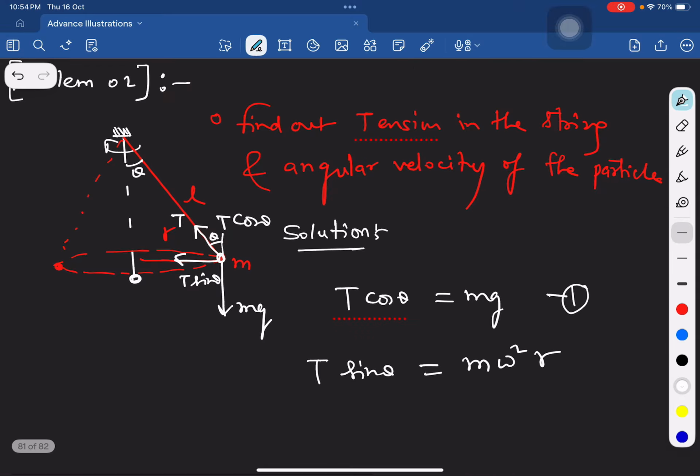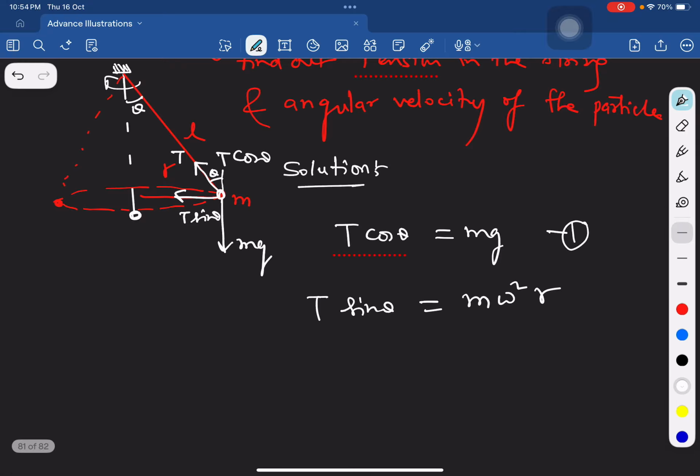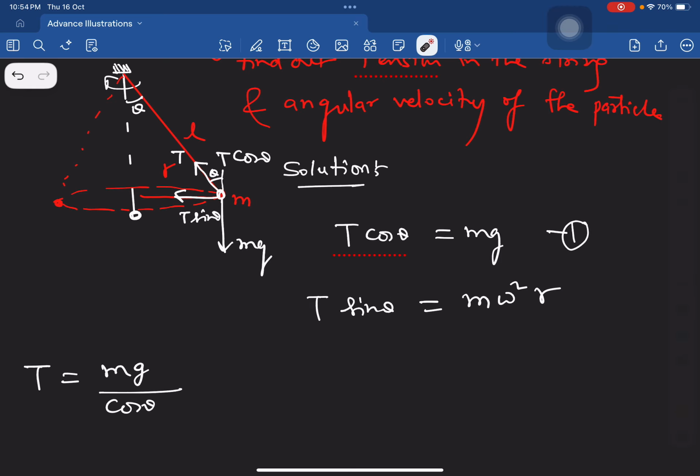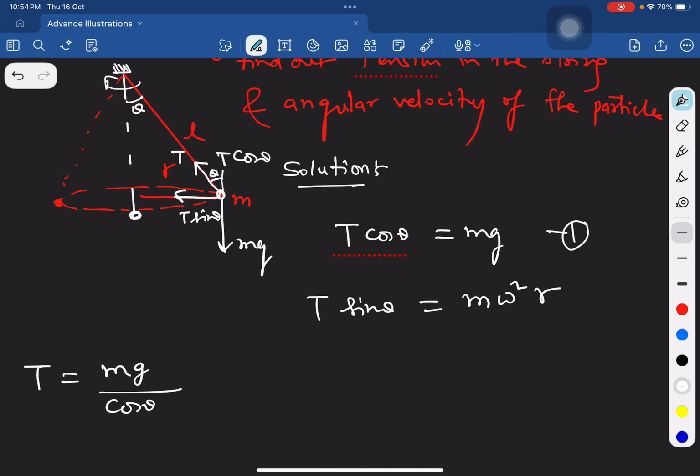So we can say that the tension is nothing but mg by cos theta. And cos theta we can calculate very easily. If you see, the angle theta is this. If this is theta, and this is r, then this value will be simply under root of l square minus r square.